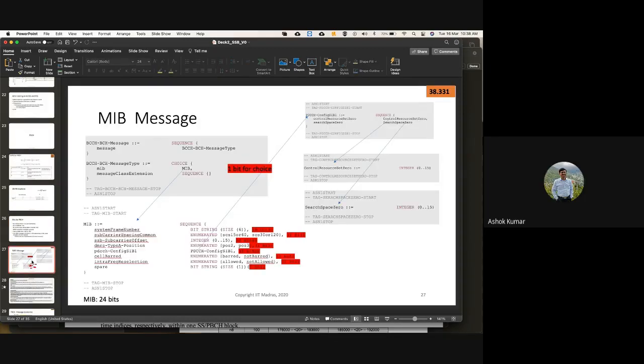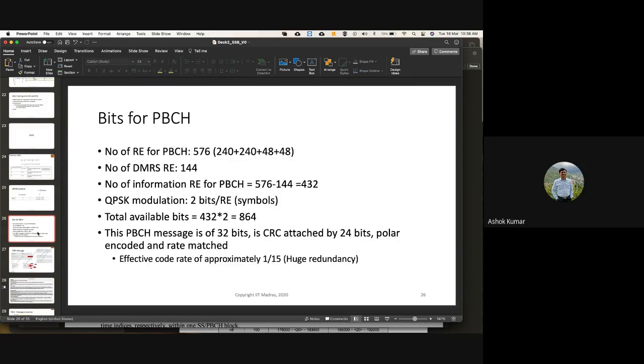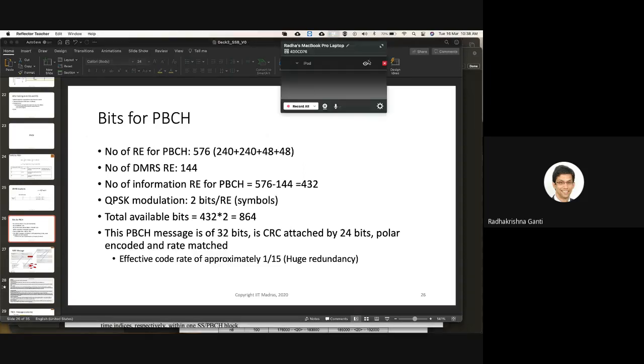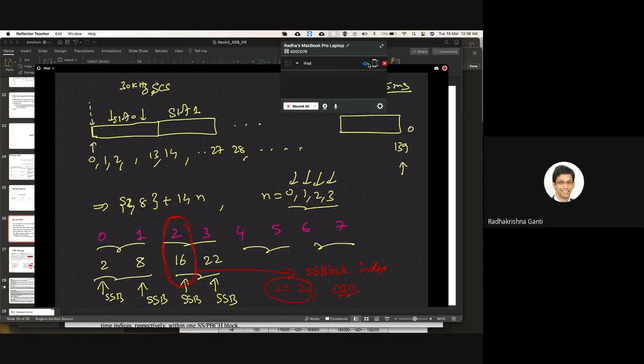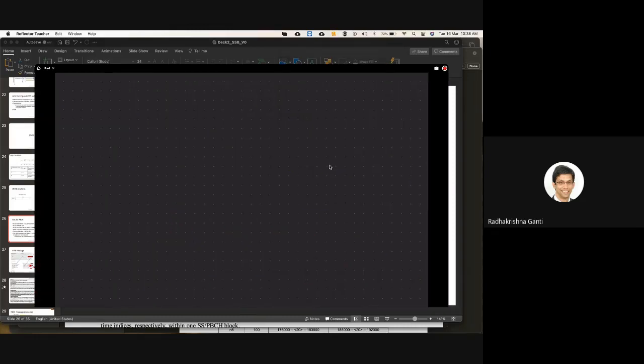Before that, let me explain the concept of rate matching. We'll do this in detail for the PDSCH when we do the FEC, but here is a one-minute brief.